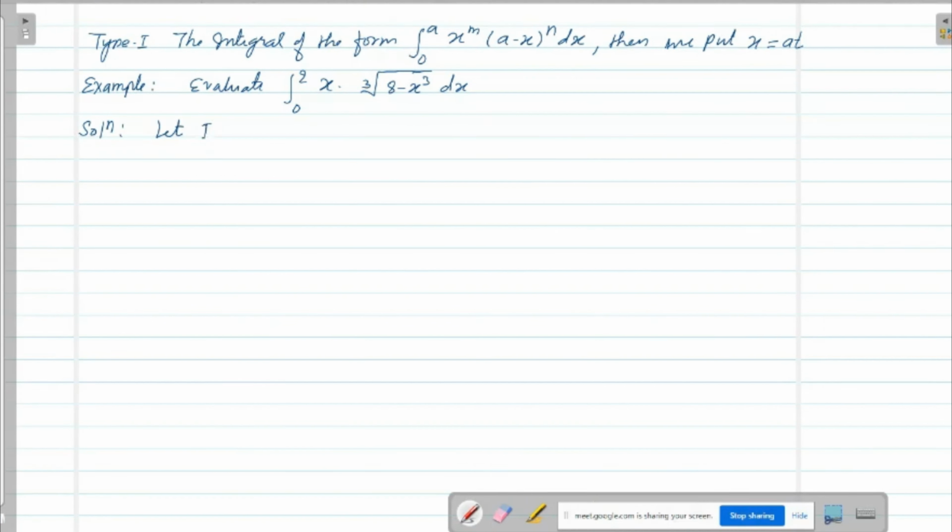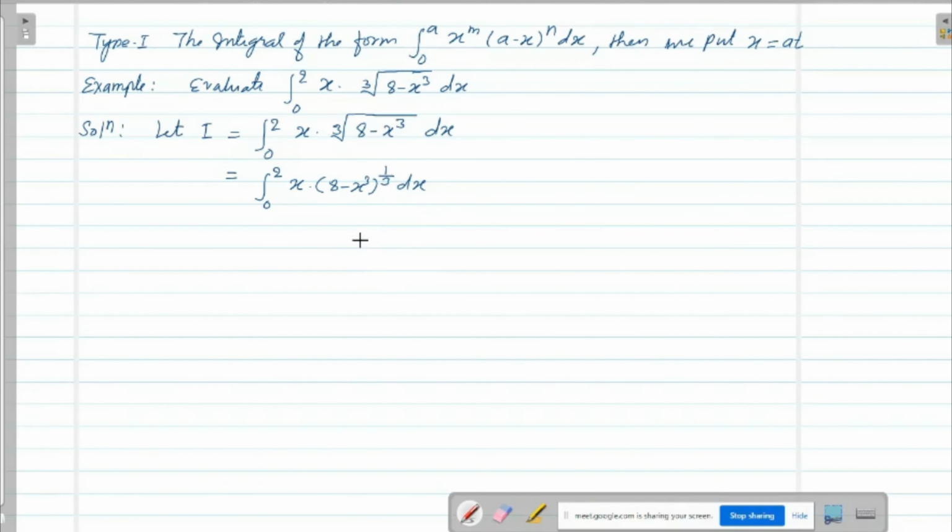Let I equal the given integral, integration of limit 0 to 2 of x into cube root of 8 minus x cube dx. This can be written as x into (8 minus x cube) to the power 1 by 3 dx.